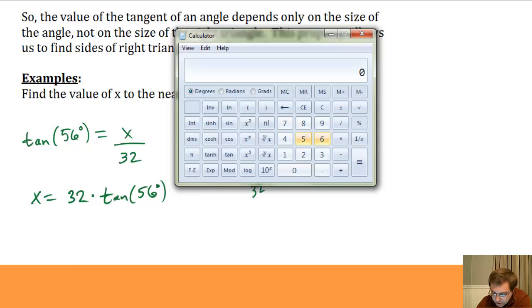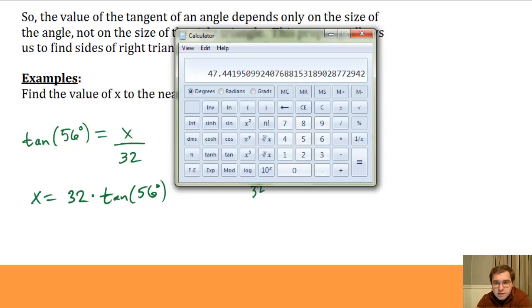So I'm just going to put in 56, say I want the tangent. And it tells me it's this really long decimal. In fact, it's a non-repeating, non-ending decimal. But I'm going to take that and multiply it by 32. And I get about 47.4.